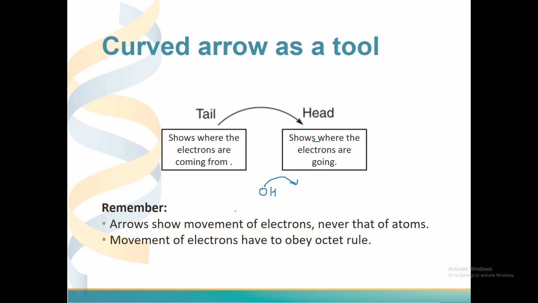Never that of atoms, always electrons, because you don't always have to draw the electrons. And the movement of electrons has to obey the octet rule. So these are what you need to remember in chemical reactions, and basically you have already mastered it.